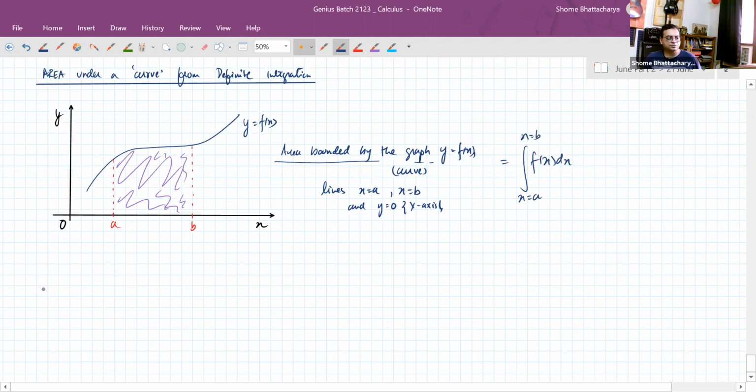So just as an example, we had just seen that the integration of x dx from x equal to 0 to x equal to 2 was, sorry, it was 2, by calculation. So let's just verify that.